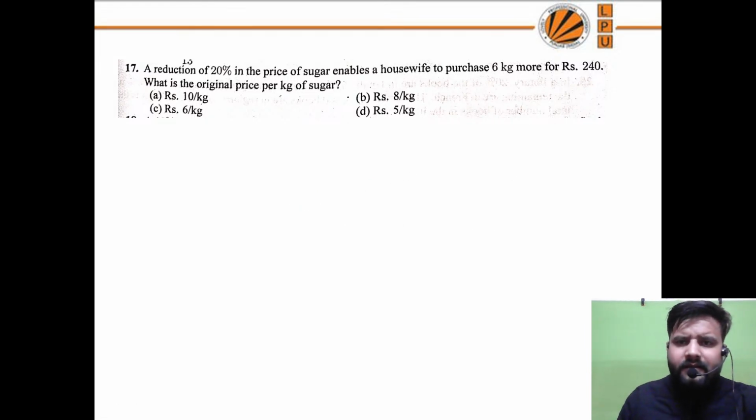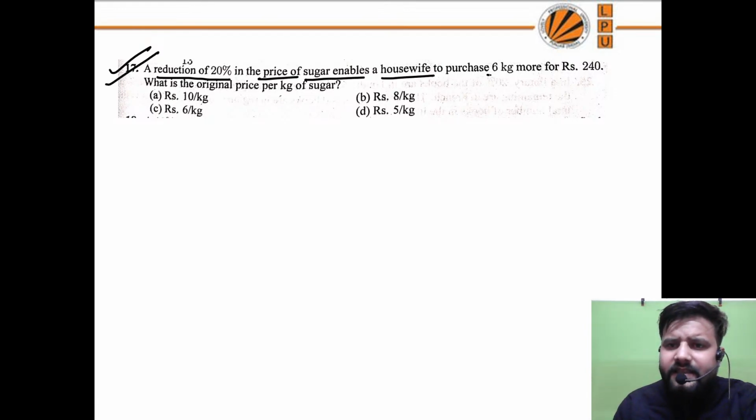All right. The concept I taught you in the morning class as well. The question says a reduction of 20% in the price of sugar enables a housewife to purchase 6 kg more for 240. What is the original price of the sugar?